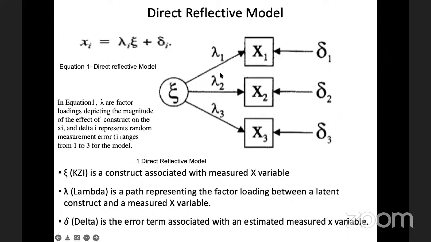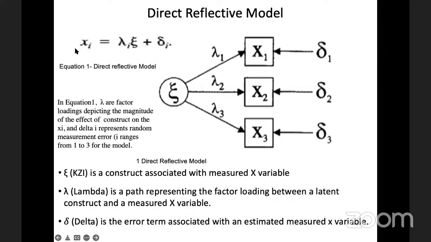In this case there is error in x1, and that is why this is a reflective model.